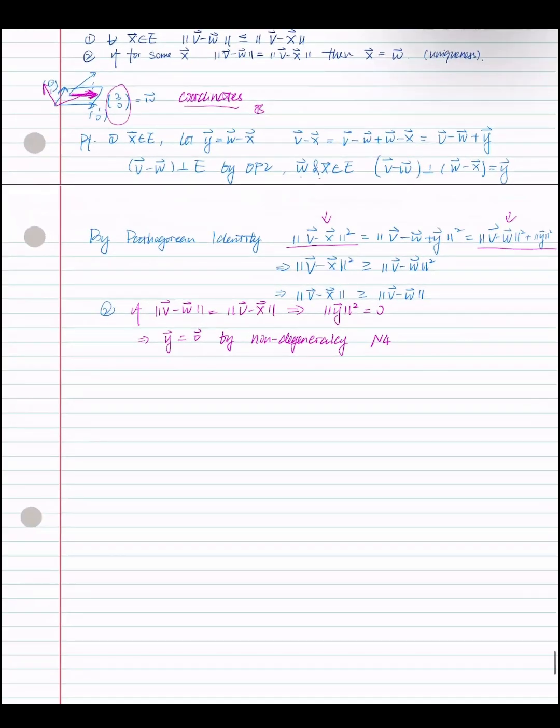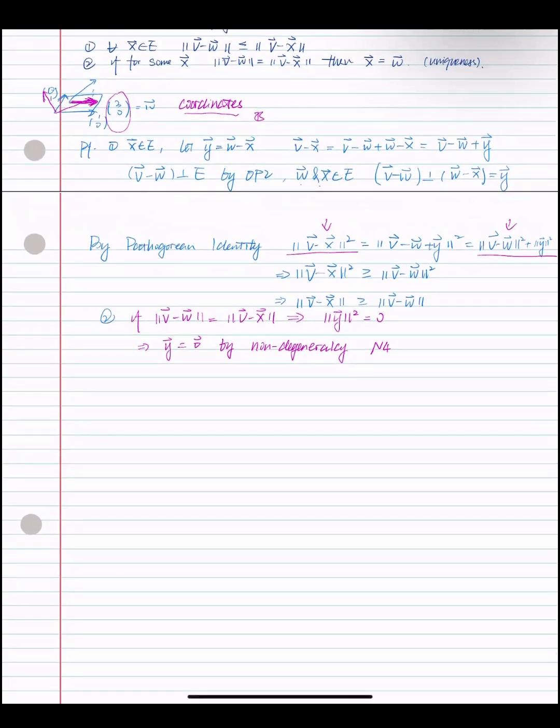And by the fourth property of the norm, non-degeneracy, the norm of Y equals 0 means that Y is the zero vector. And if Y is the zero vector, since we defined Y to be W minus X, W has to be equal to X.